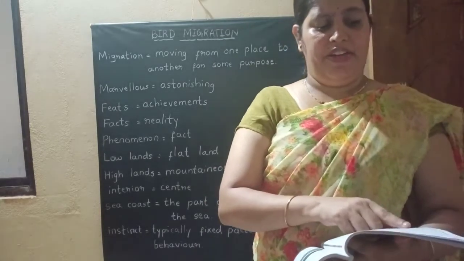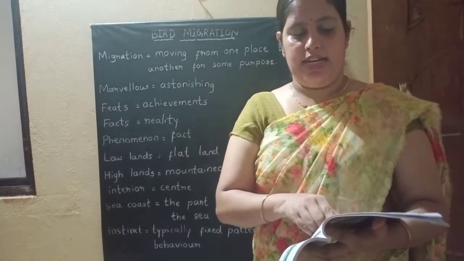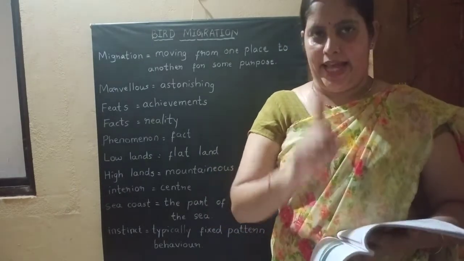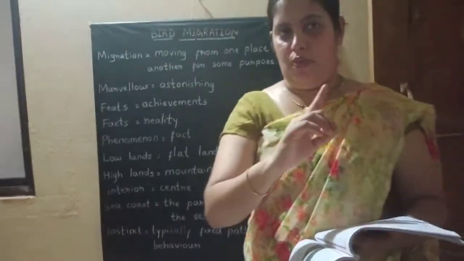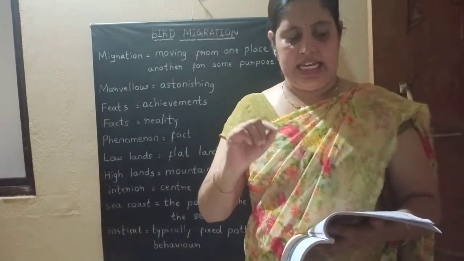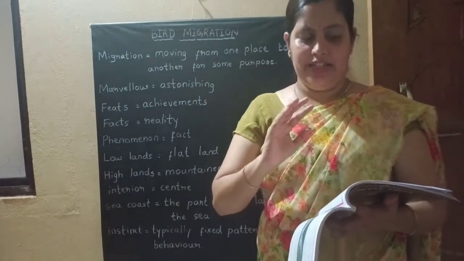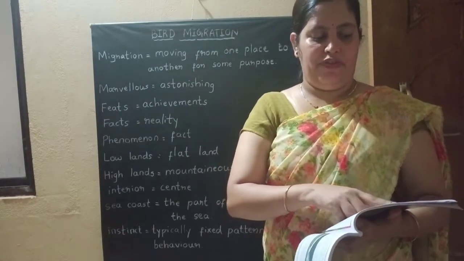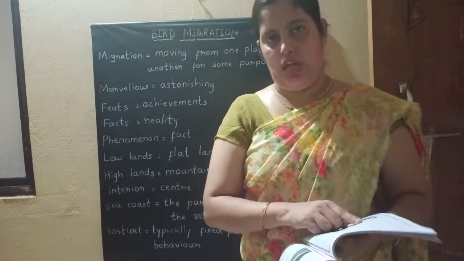There is a belief that birds can understand the magnetic fields that surround the earth. There is a magnetic field around our earth, and these birds can understand this magnetic field. These magnetic fields run from the north to south poles.